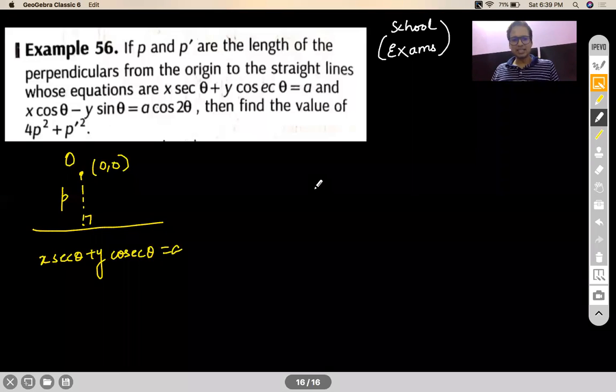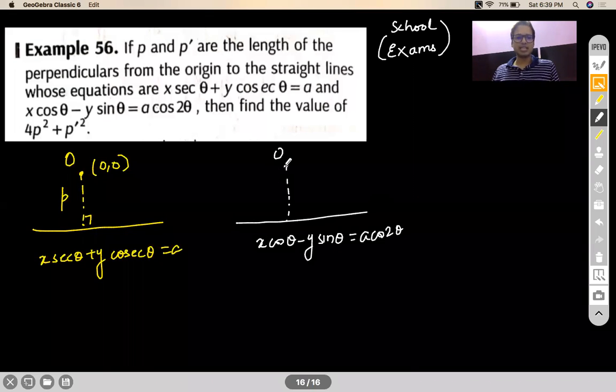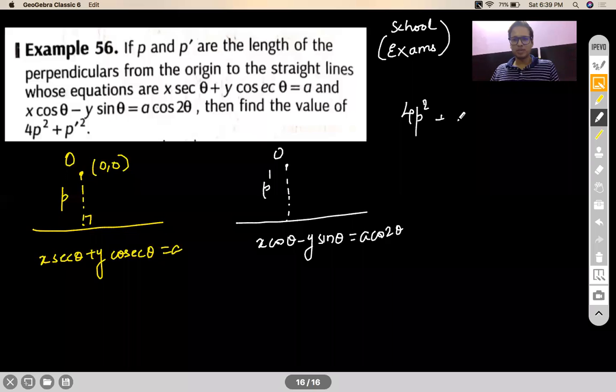There's another line, let me draw it like this, whose equation is x cos theta minus y sin theta is equal to A cos 2 theta. And the distance of origin from this line is going to be P dash. What are they asking us? They're asking us the value of 4P square plus P dash square. So the answer here will be in terms of A only.